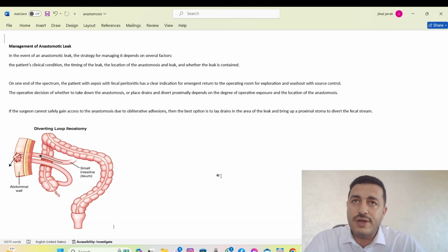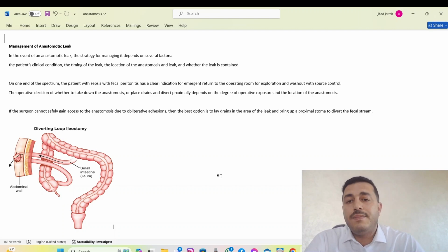Is it accessible or not? We said this is about the time and the size. The more distal the anastomotic leak, the higher the chance of a permanent stoma. The more distal the anastomosis, the harder to deal with.